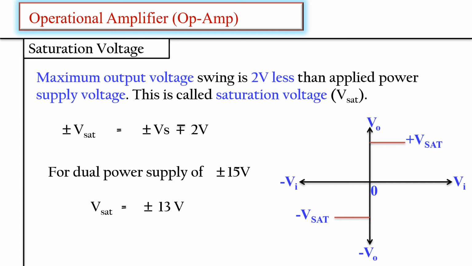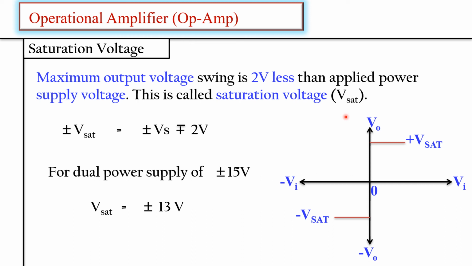Before seeing the different types of comparator, let us understand what we mean by saturation voltage. The maximum output voltage swing is slightly less than the applied power supply voltage. This is called saturation voltage, which we refer to as Vsat.